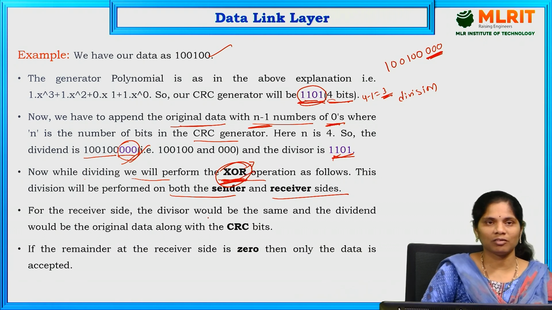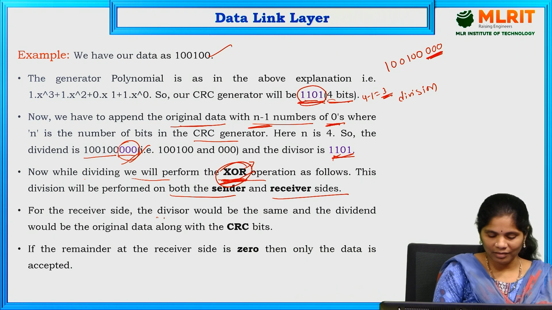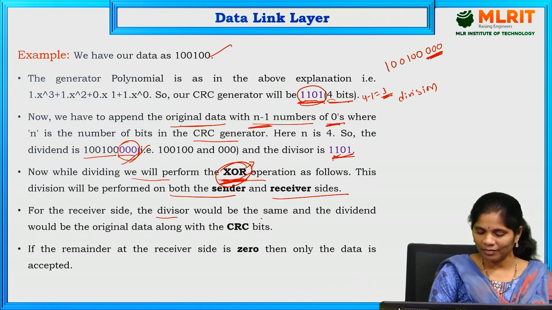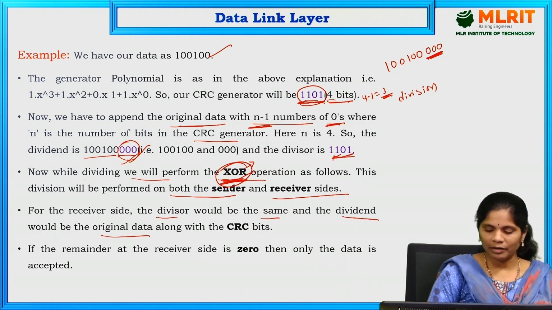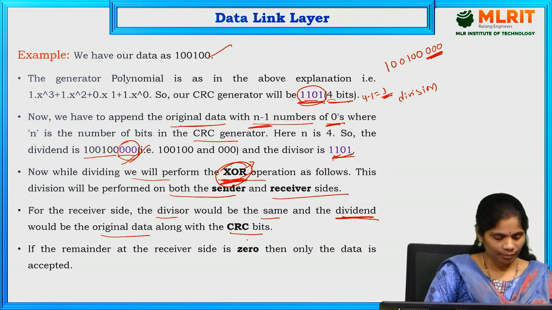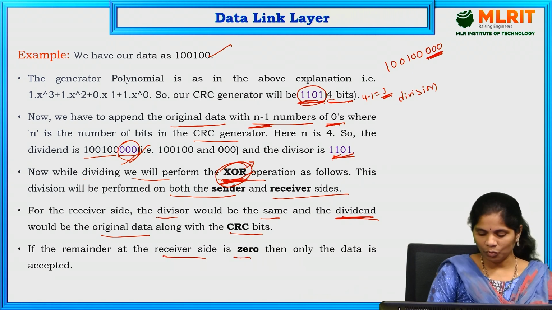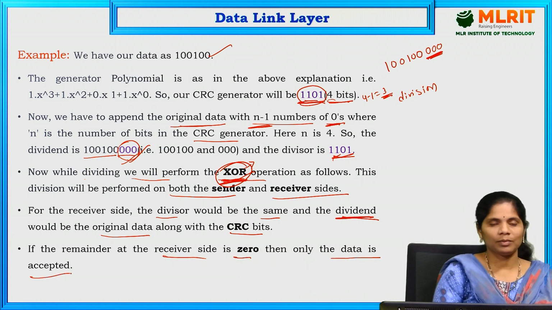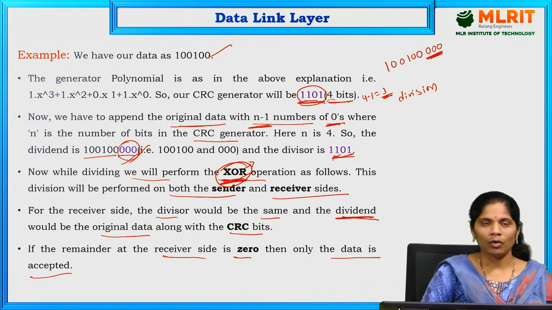That is the condition. For the receiver side, the divisor would be the same, and the dividend would be the original data along with the CRC bits. If the remainder at the receiver side is 0, then the data is going to be accepted. That is the condition.